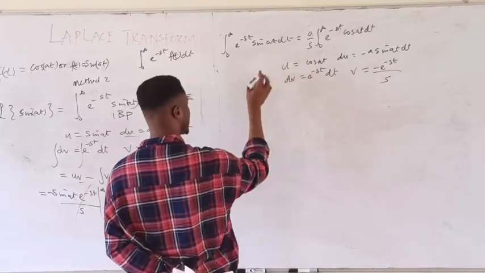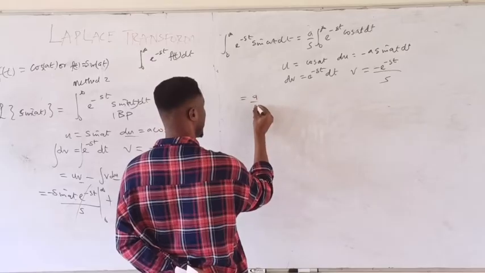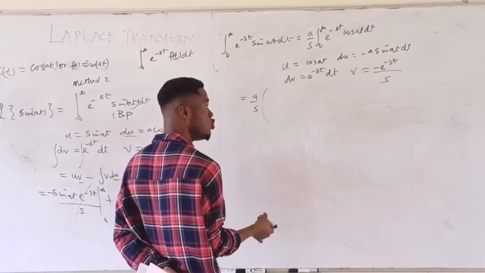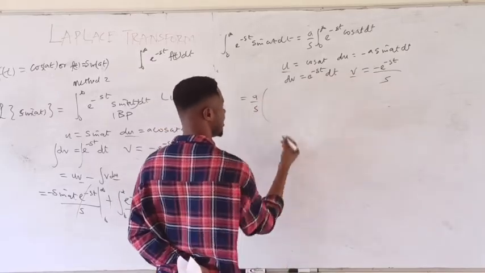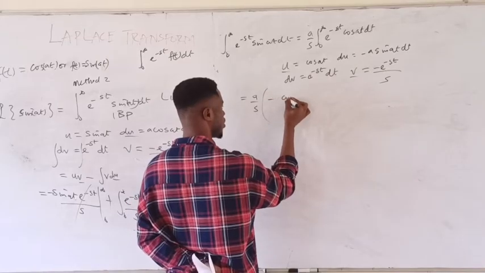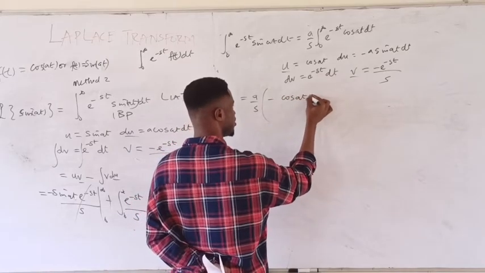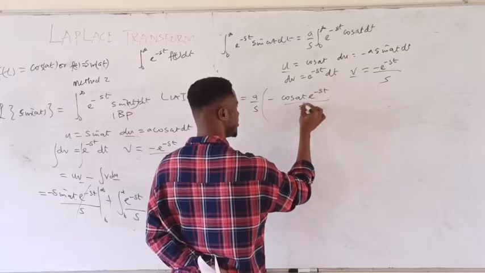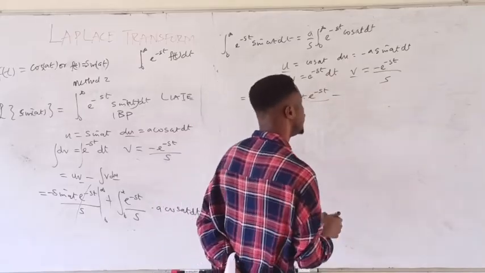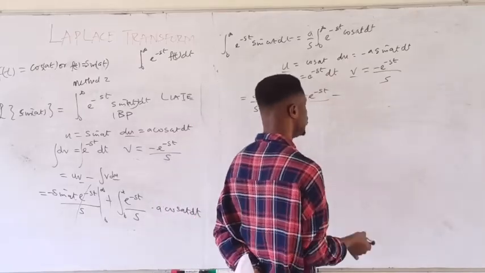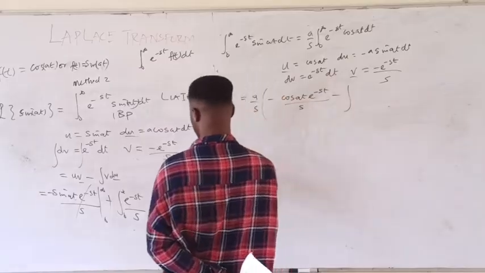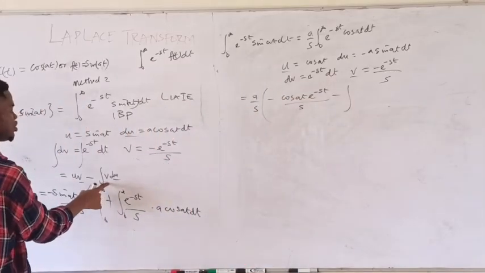Hence, this integral now is equal to a over s into uv, that is minus cos at exponential of minus st over s, minus v du, right? I'm using integration by parts again.